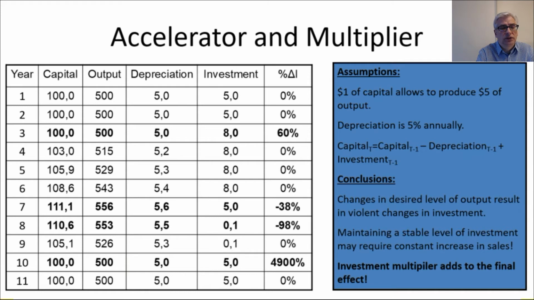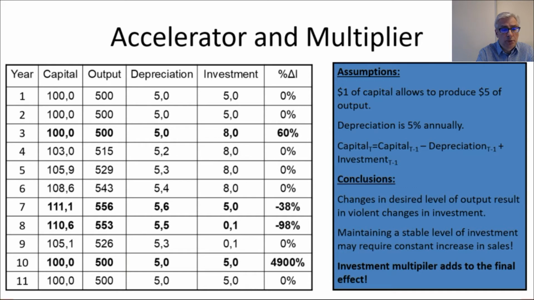So imagine the situation when our business has capital resources of 100 and that allows it to produce an output of 500. If we believe this is a good situation, this is what we want to produce, then we take into account our 5% depreciation, which would mean that capital will decrease by 5 every year.